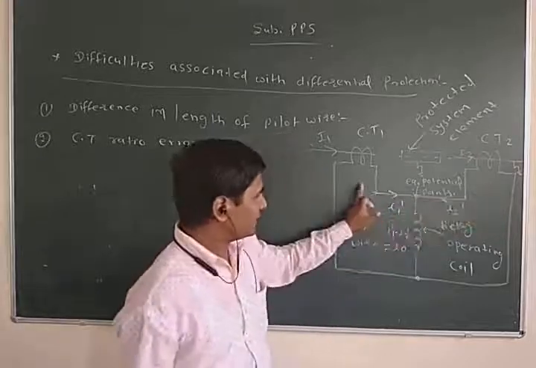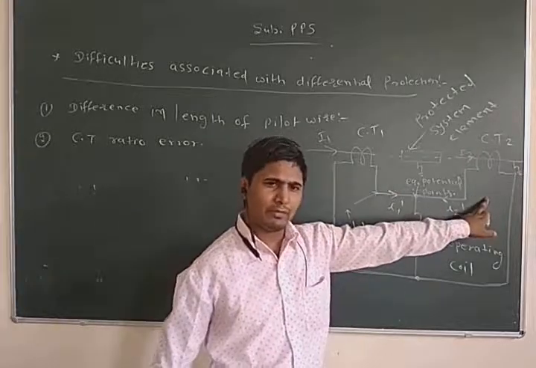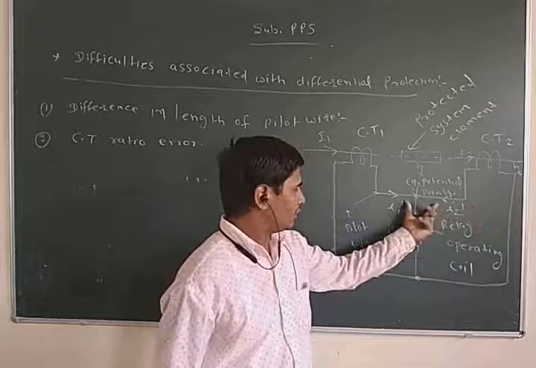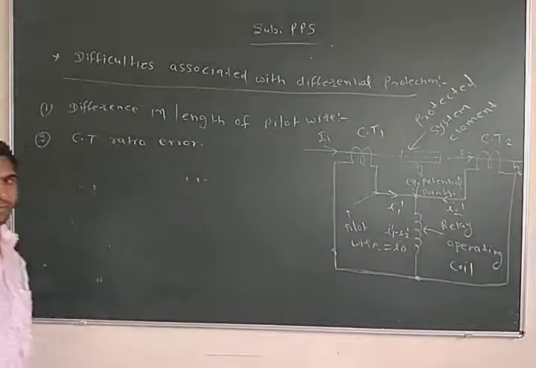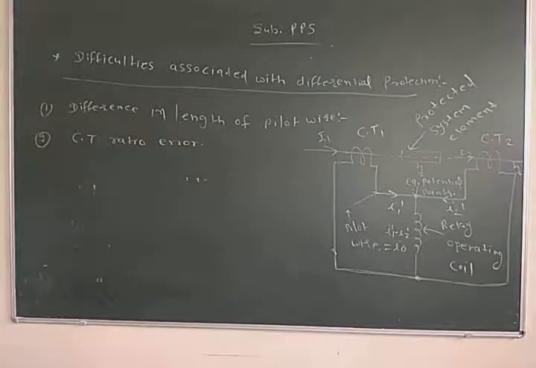So due to the difference in the magnitude of output, current will flow in the relay coil and the relay will operate falsely. So we can say that due to difference in characteristics of the CTs, the relay operates falsely.